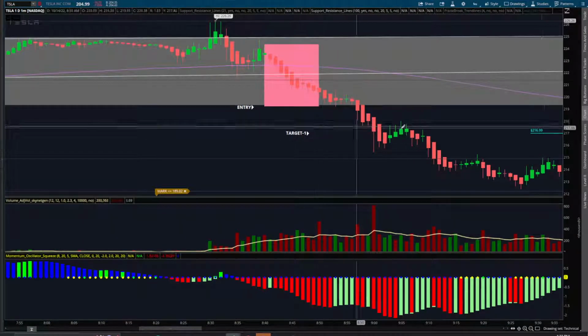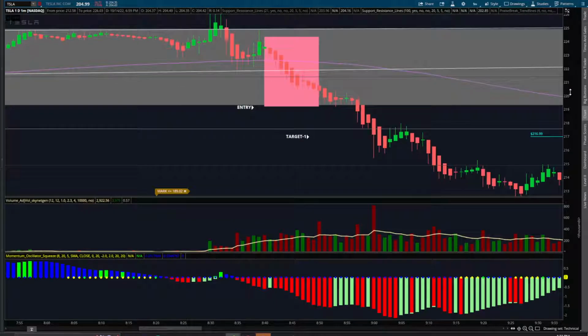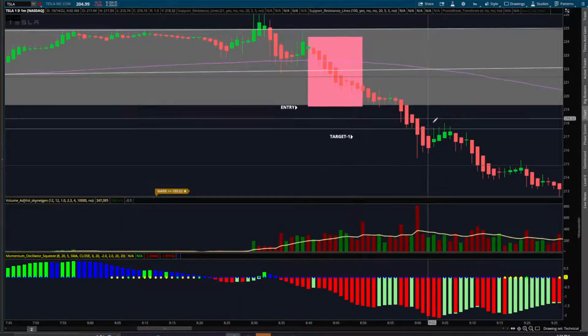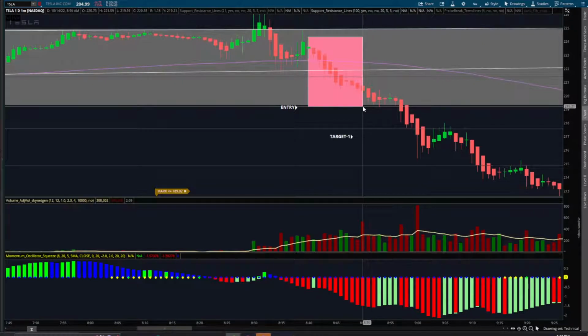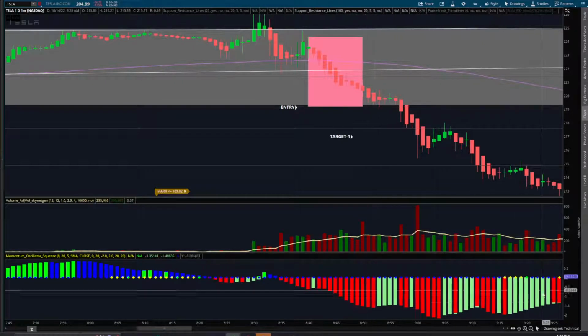Okay, using the 10-minute. So now we're in the 1 minute. As soon as the candle closes, you can see the push here.